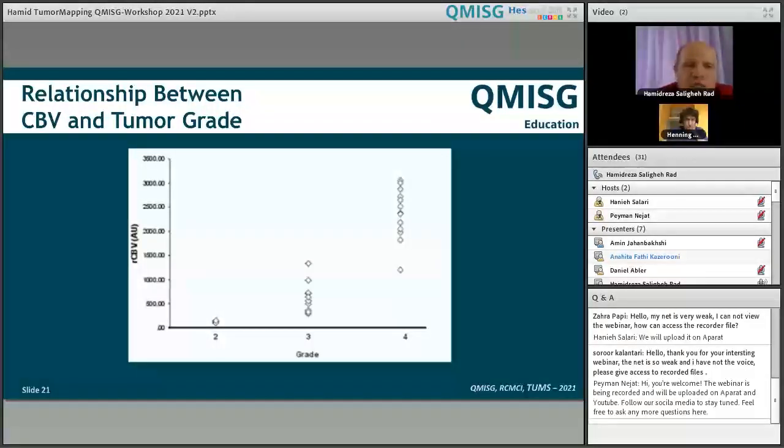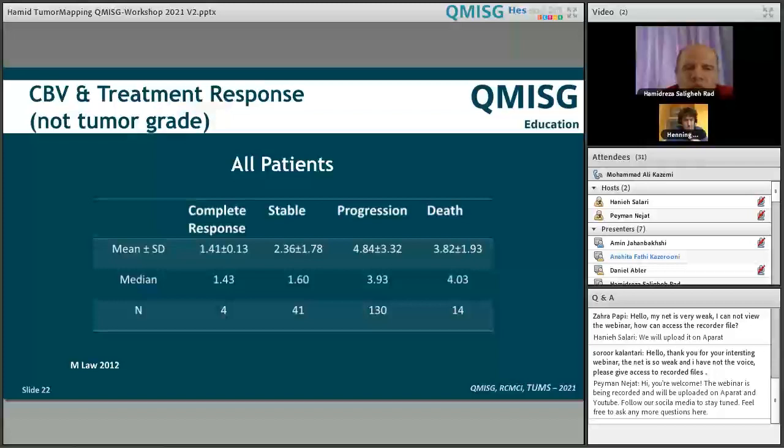But on the bright side, we see a very statistically strong relationship between cerebral blood volume and tumor grading. This slide shows this fact very clearly.